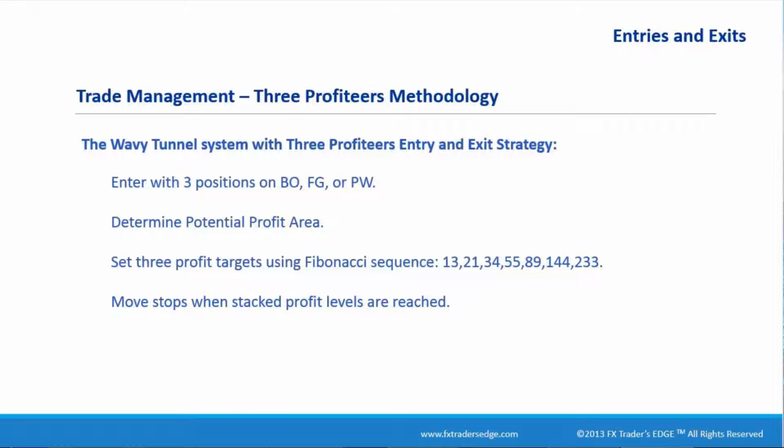So you would use $5.50 as your third profit target, $3.40 as your second profit target, and $2.10 as your first profit target. That's just an example. So you can still use the Fibonacci sequence when trading stocks by just adding that decimal point for the dollars.